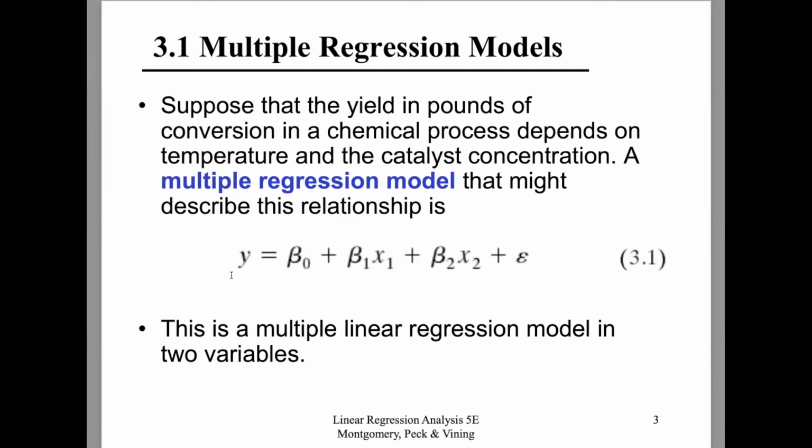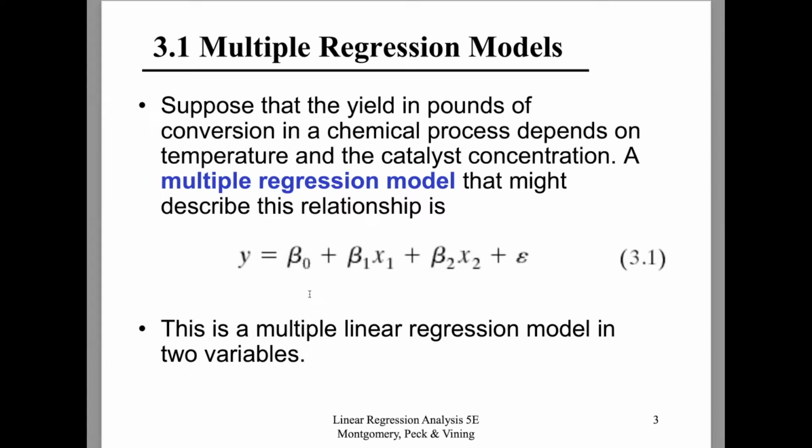There are going to be deviations in the response from whatever deterministic component we have. Because of that, we need an additional term in the model to allow for that deviation. And that deviation is allowed for by the error term epsilon.